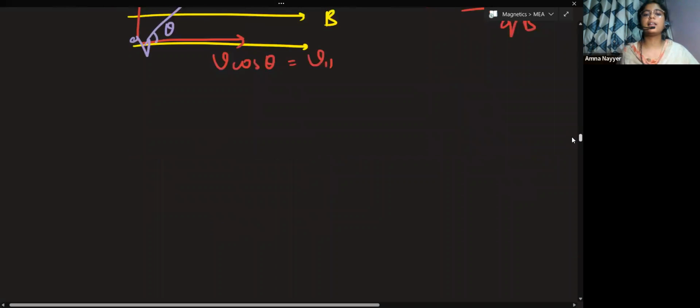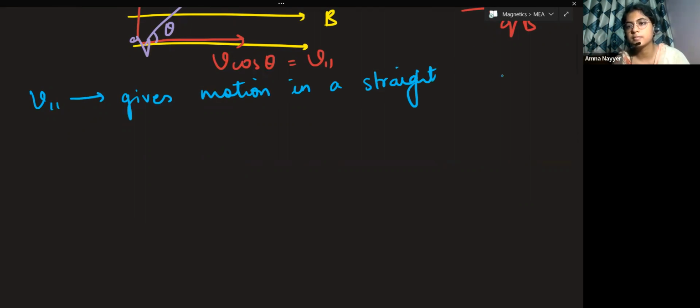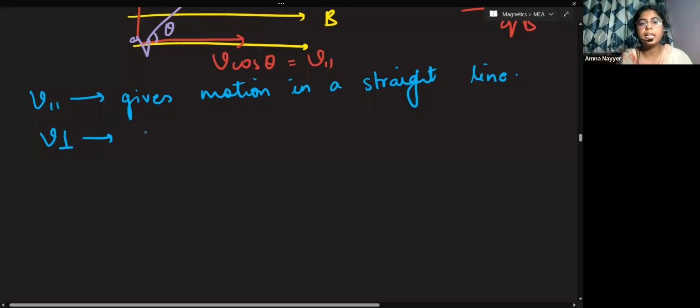See, this parallel component, V parallel, gives motion in a straight line. V perpendicular gives upward motion.